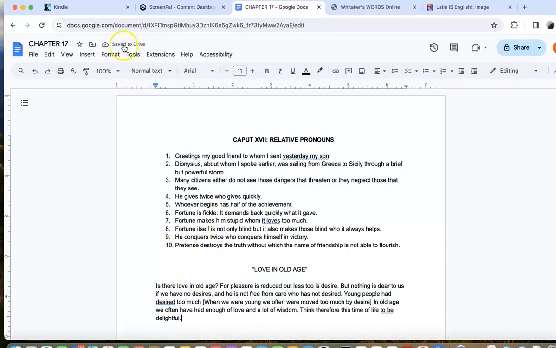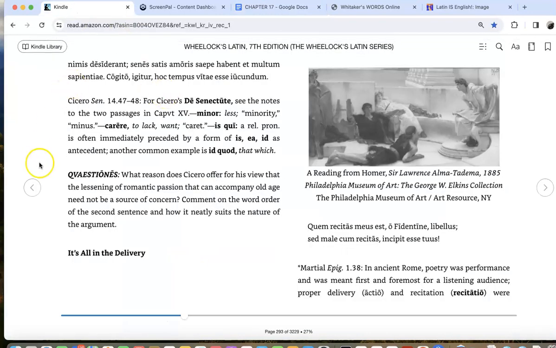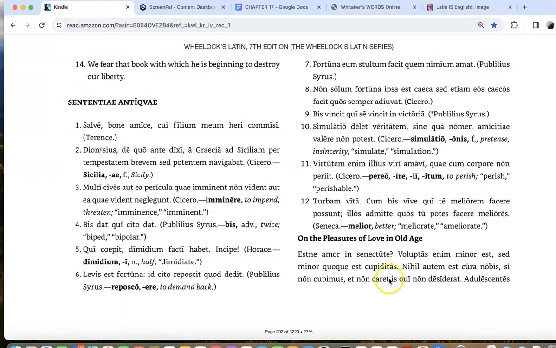Okay, so that is that. Again, kind of bracketing this sentence right here, which is a little bit tricky. But nothing is dear to us if we do not desire, and he who has not desired is not free from care.